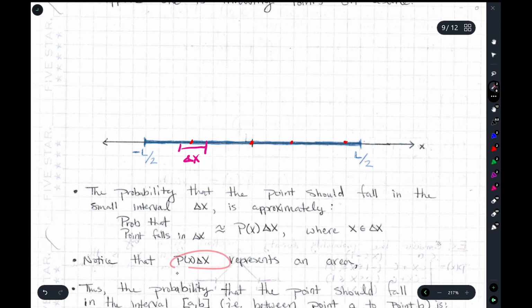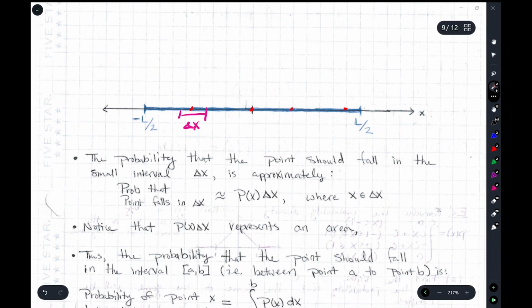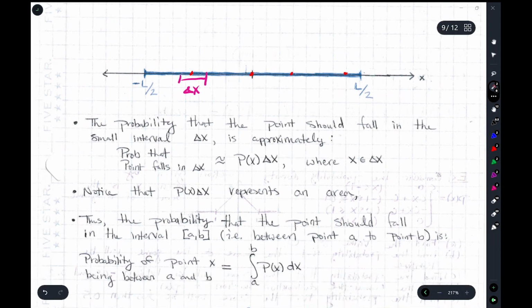So the probability density p of x times delta x, notice that's an area. And so we should recognize that we're dealing with integrals. And the probability that a point should fall in the interval AB, well, here the probability density could change. So this is a uniform probability density if it could land anywhere on here.